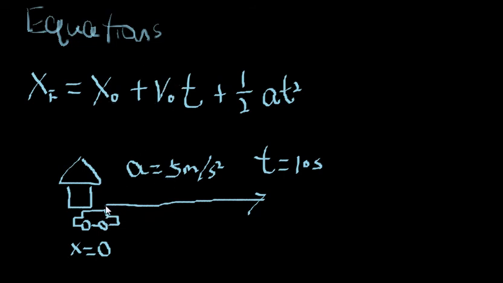So it's just 1/2 times 5 times 10 seconds. So x equals 1/2 times 5, which is 2.5, times 10 seconds squared, which is 100, which is 250. So during these 10 seconds, it moved 250 meters.